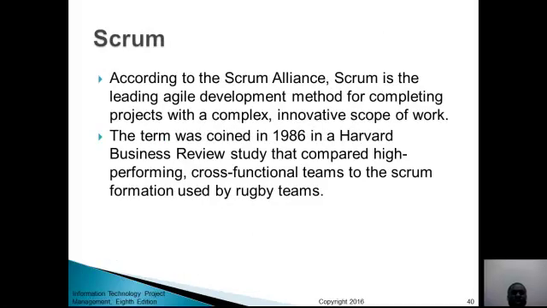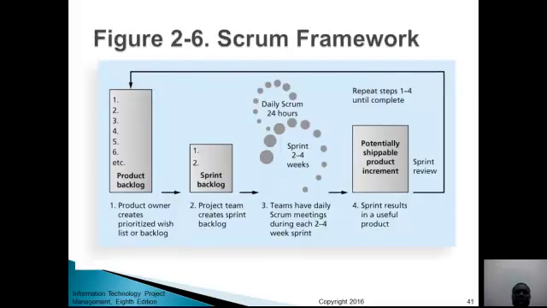So the Scrum Alliance also came, and Scrum is the leading Agile development method for completing projects with a complex, innovative scope of work. The term was coined in 1986 at Harvard. You remember the Scrum; that's under the project development lifecycle, so I want you to go back and read it.